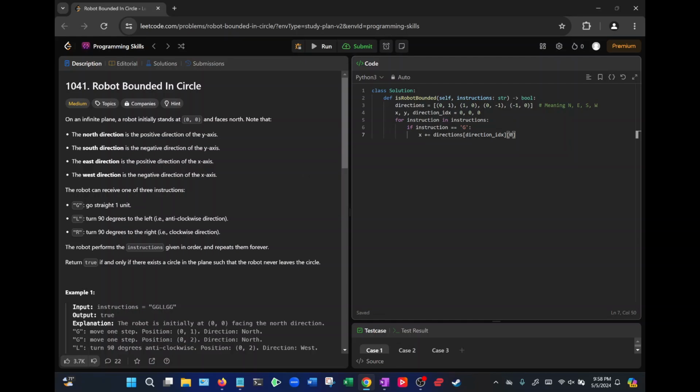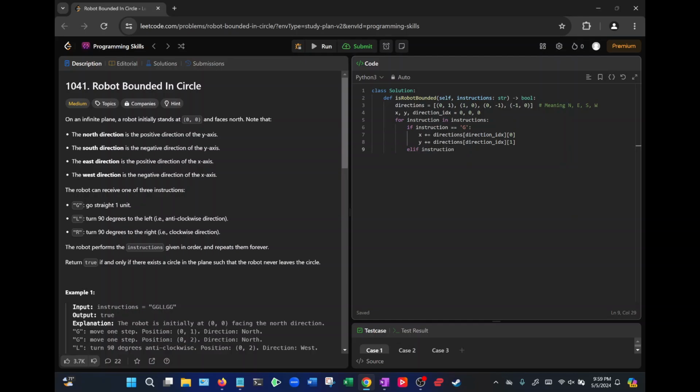Because for facing north, the direction index is 0 because this vector corresponds to north. And then to move north one unit, you don't move at all in the x direction, and you move +1 in the y direction. So we get the first entry using that index, and then for y, same thing, but we get the second entry because that's how many units we move in the y direction. Okay.